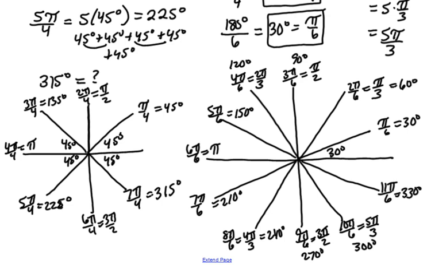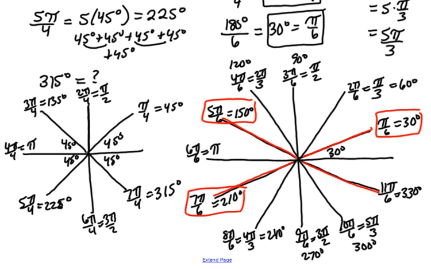Okay, so if I look at these in different colors here, I'm going to do all the 30 degree ones. Pi over 6 is 30. 5 pi over 6 is 150. 7 pi over 6 is 210. 11 pi over 6 is 330. All of those have 30 degree reference angles.